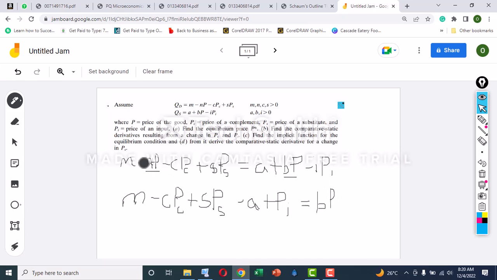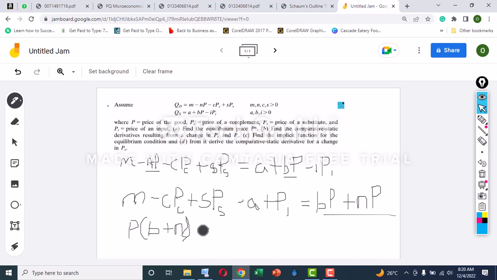Then remember this minus NP comes like this, it becomes plus NP. So you can factorize this one and rearrange it. We are going to have P times B plus N.